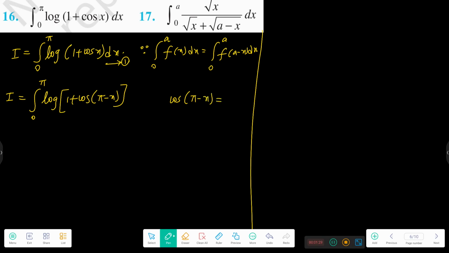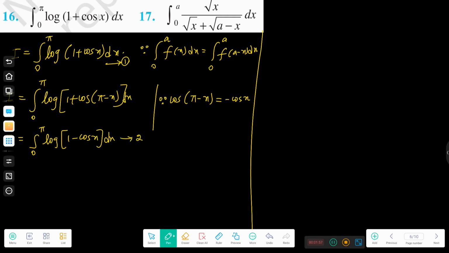Pi minus x is in the second quadrant, where cos is negative, so minus cos x. Pi means no change, only pi by 2 changes. So what I am getting is integral 0 to pi of log of 1 minus cos x into dx. Here also dx is there. This is answer number 2.